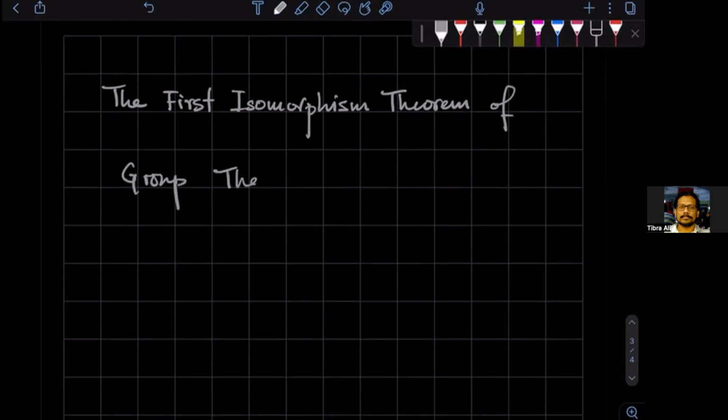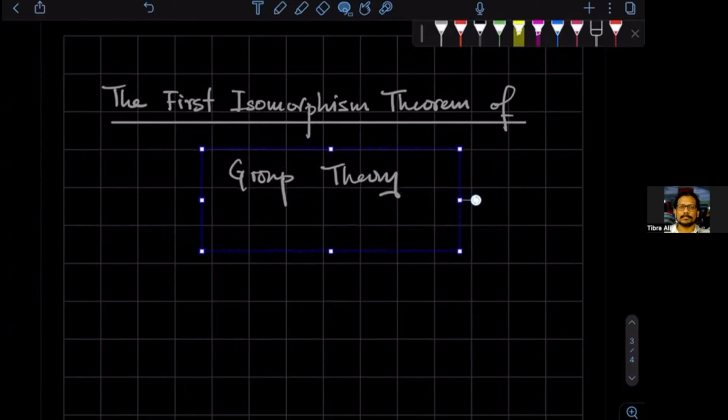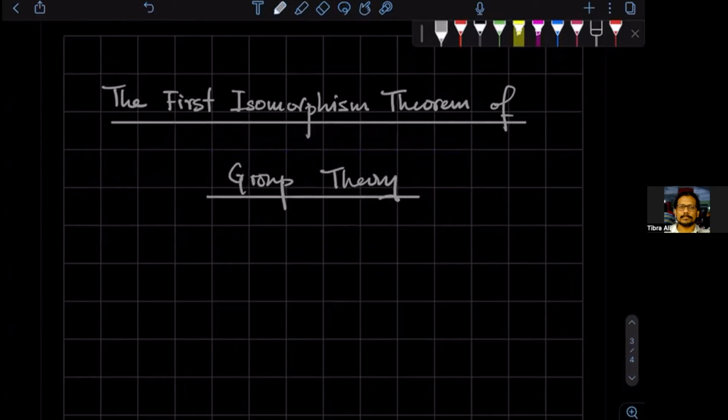I think there are isomorphism theorems in other aspects of algebra as well, so it's important to specify, because there's always a fundamental theorem, right? You have to say, is it the fundamental theorem of algebra or calculus, stuff like that. All right, so what is the statement?